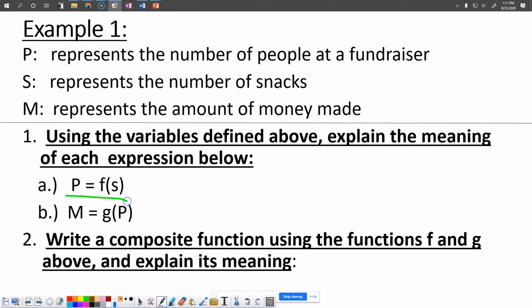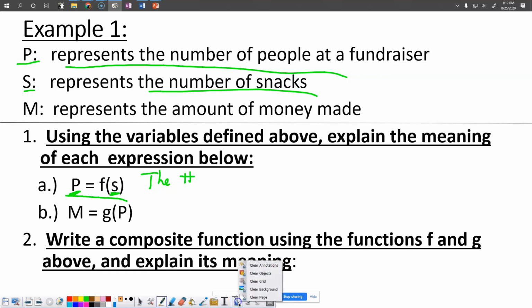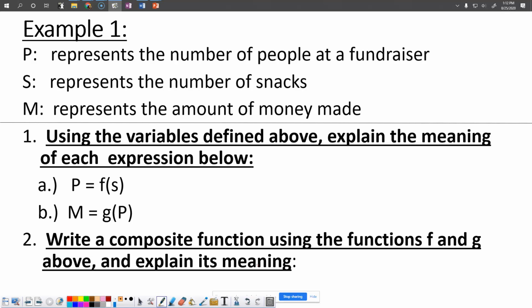So what this is saying is that P is a function of S. In other words, P depends on S. Now, if P depends on S, that means that the number of people at a fundraiser depends on how many snacks are there. So I'll circle the final answer, but here's how you can write it. Here are some ways to think about it.